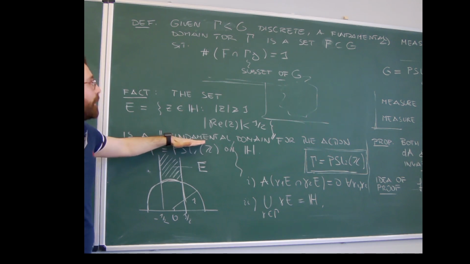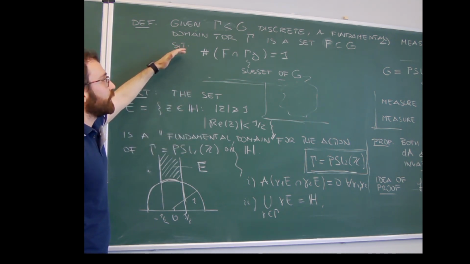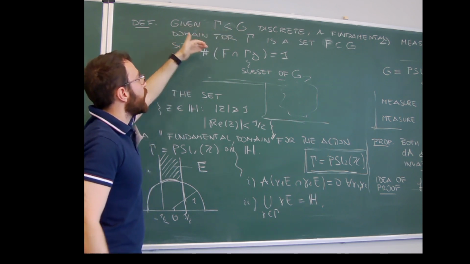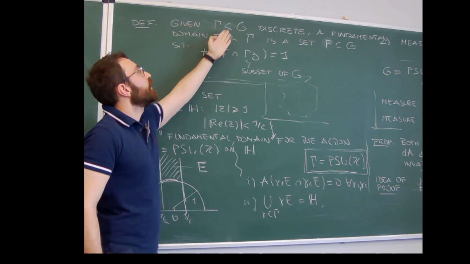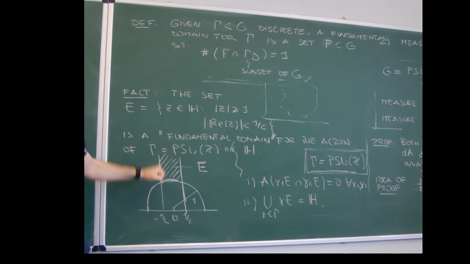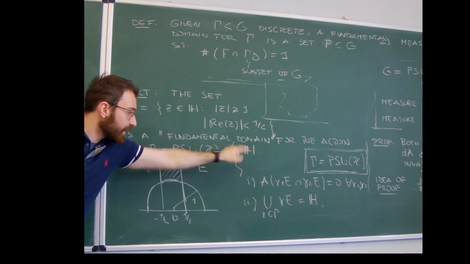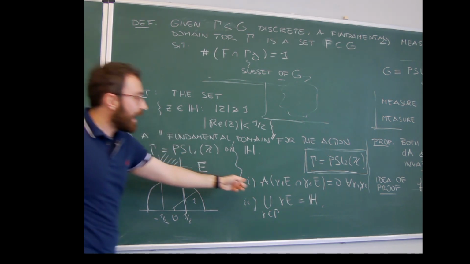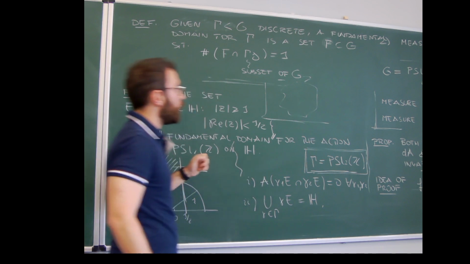Also, it's not a fundamental domain in the sense that I defined here, right? Because here I'm talking about a fundamental domain F in G, and G is the tangent bundle. It's not H, okay? But still, if you consider the action of gamma on H, this fact tells you that you can use this single tile to tile completely your space H by acting with elements of gamma.